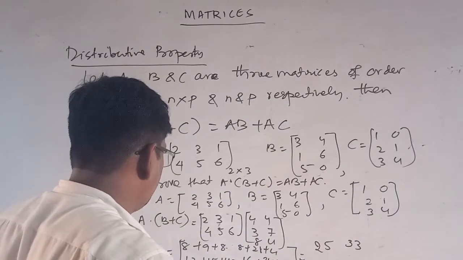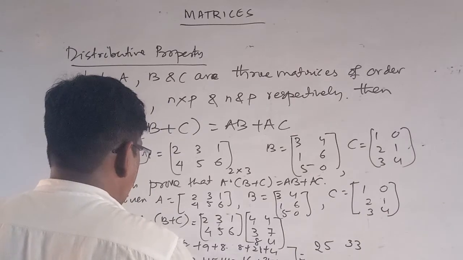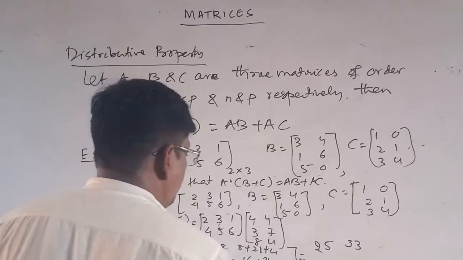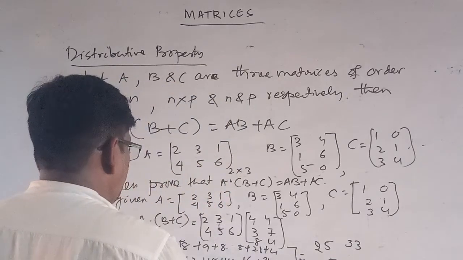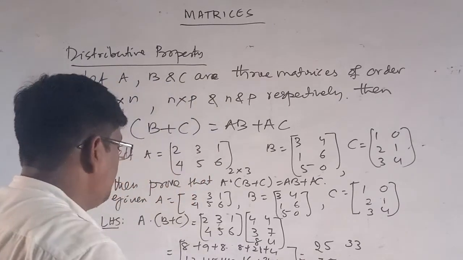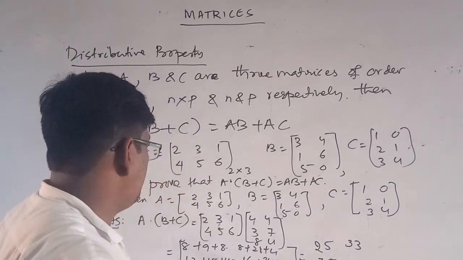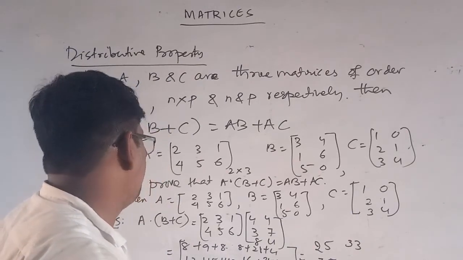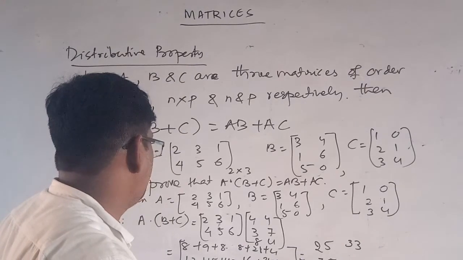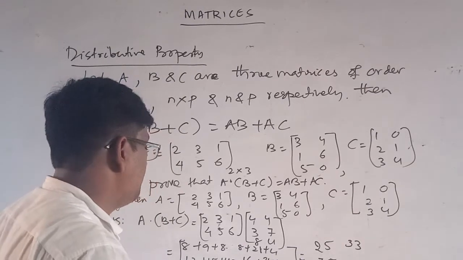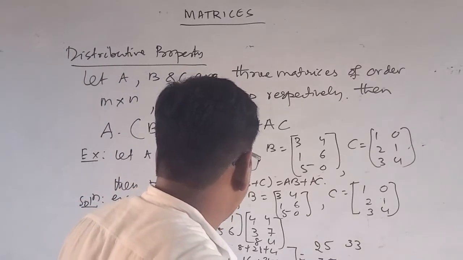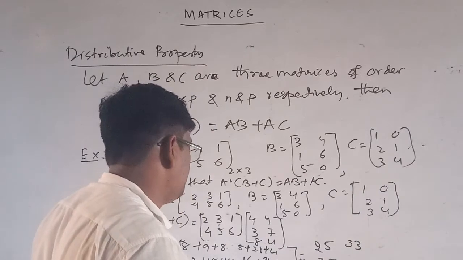Then 8 plus 13, 15, 5 plus 1, 6, 7, 75. Because this is 48 plus 5, 53, and 63 plus 12, 75. And this is 16, 24, 40 plus 35, 75.